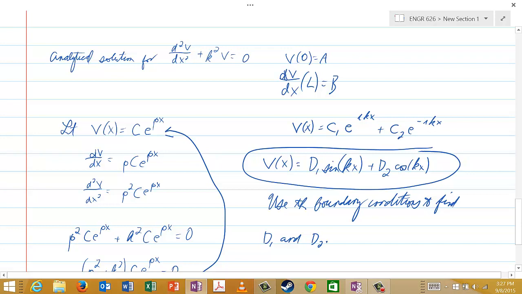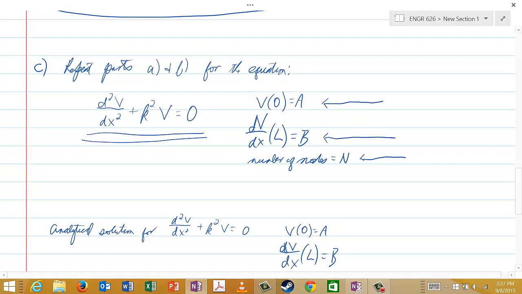So now, to just briefly review, part C of project 2 is to repeat parts A and B, but for this equation.